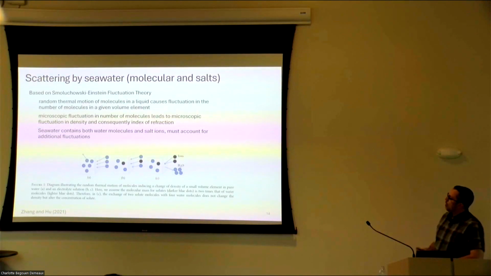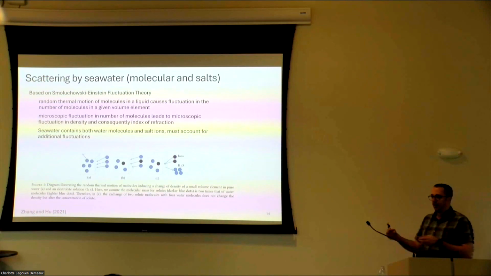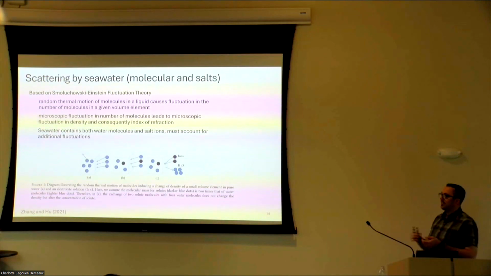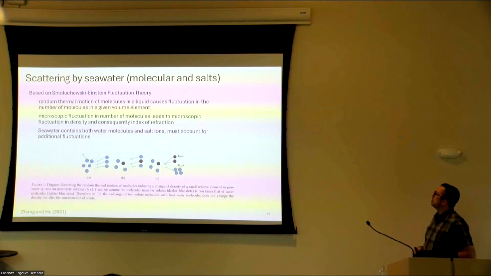So scattering by water is based on the Smoluchowski-Einstein fluctuation theory. The basic idea is your water can be divided into volume elements, with water molecules moving in and out according to thermodynamics. This is physics that's fairly above me.